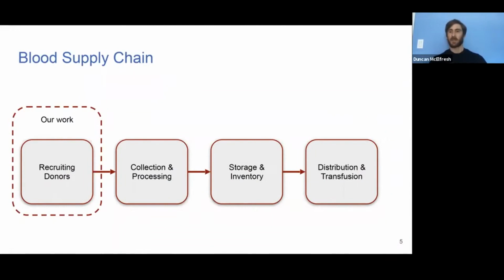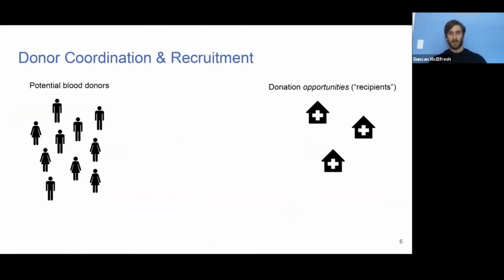So let me lay out this recruiting donors scenario a little bit more. We're going to assume we have a pool of potential blood donors, and we have several different donation opportunities. We might think of this as donors and recipients in a given city. And in between these, we're going to have some kind of web application.